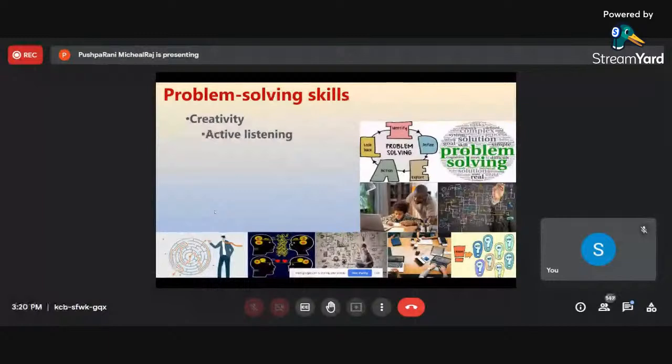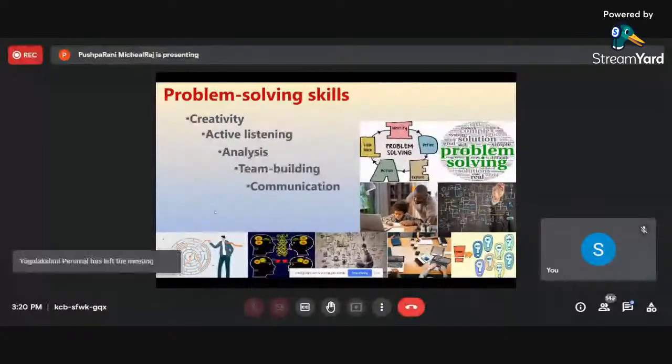So you must have good creativity, active listening, good analysis, good team building and communication. You will gain good problem solving skills, and if you have good problem solving skills, you have a good research skill.